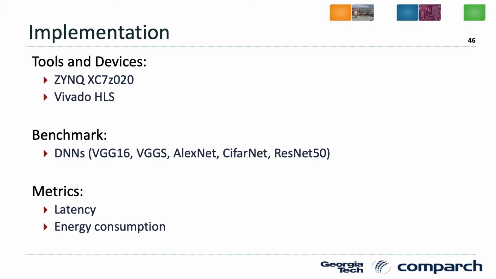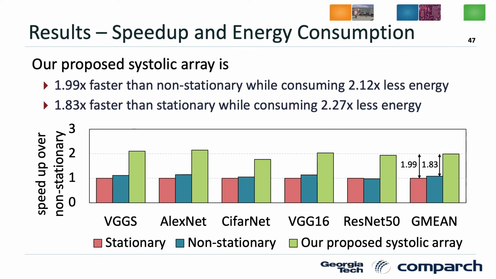We compare latency and energy consumption. Our evaluation results show that on average our proposed systolic array works 1.9 and 1.8 times faster than non-stationary and stationary systolic arrays respectively, while consuming approximately 2 times less energy.